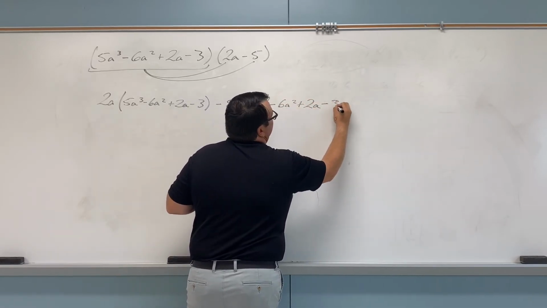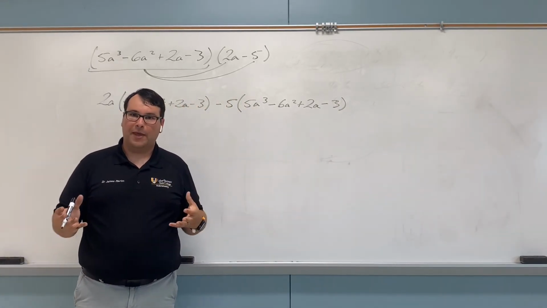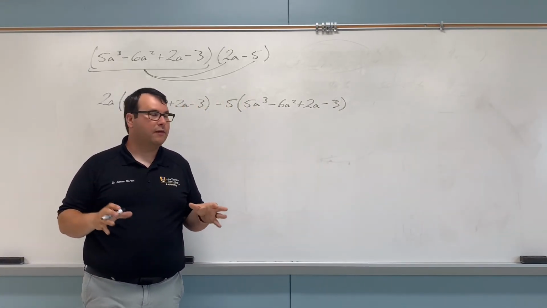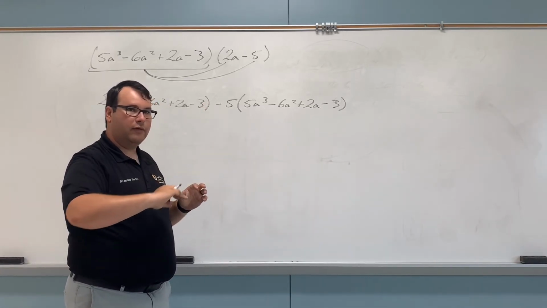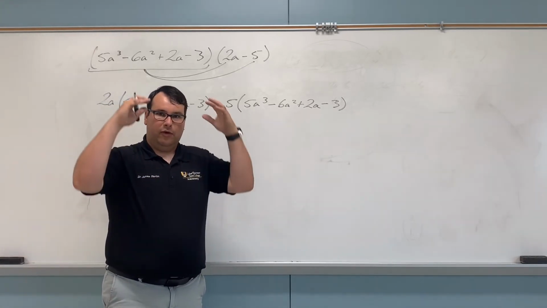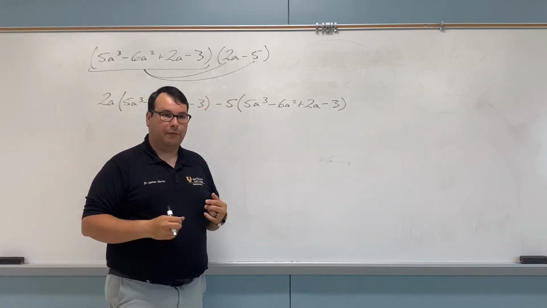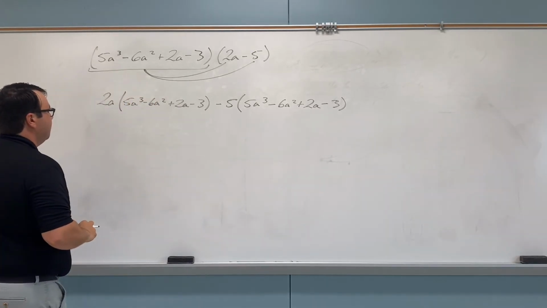Remember I said at some point that you want lots of space. Make sure you have lots of space. These are great to work with vertically. I don't suggest going horizontally, especially in multiplication, because it is a little bit easier to see line by line what your steps are.